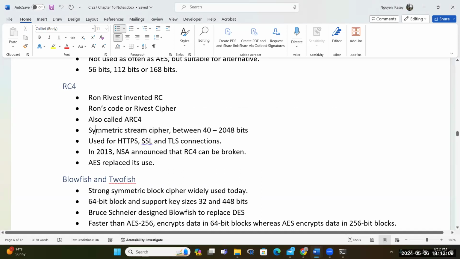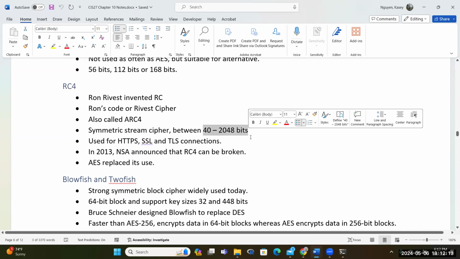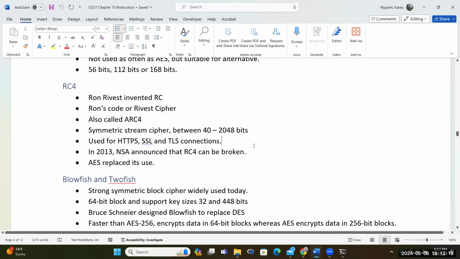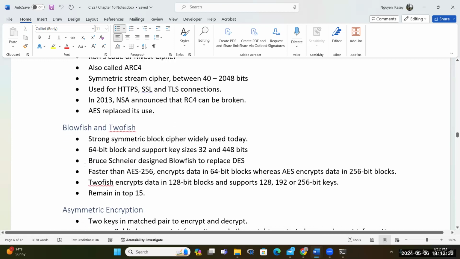It uses the same key. But the length can go from 40 bits to 2 gigs, right? Which is pretty decent. It's often used for web communication. NSA announced that they tested and they breached RC4, and they recommended using AES.